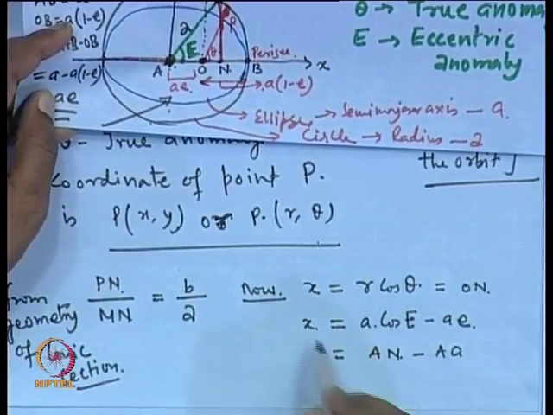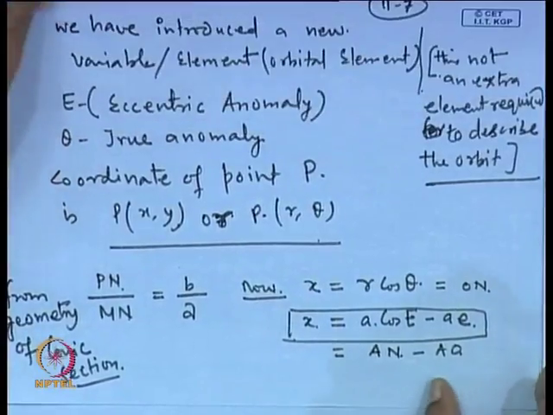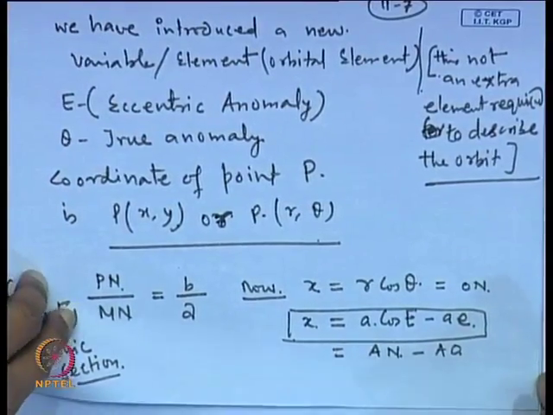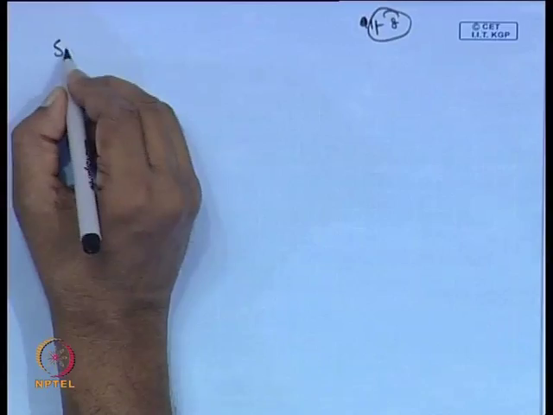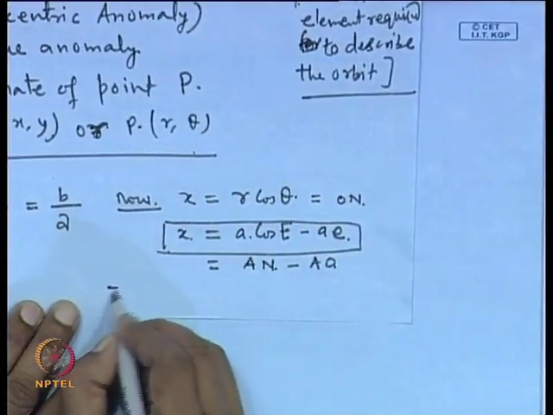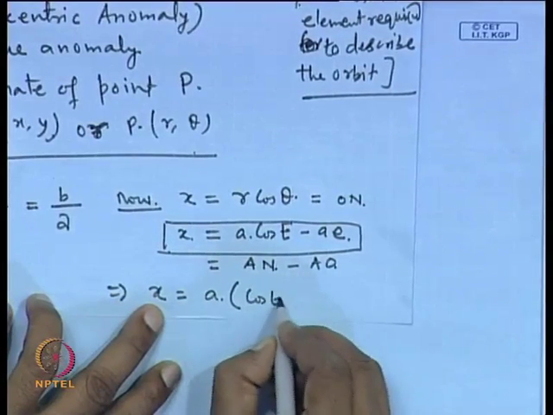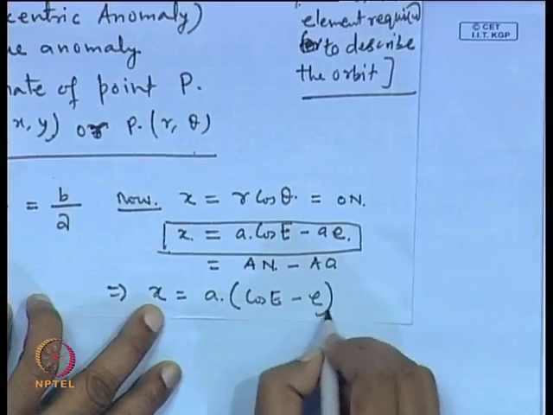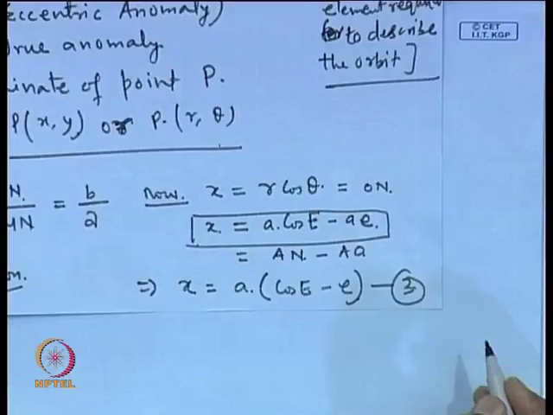Now, we can modify this a little bit to make it compact, A times cos E minus E. So, this is our equation number 3.